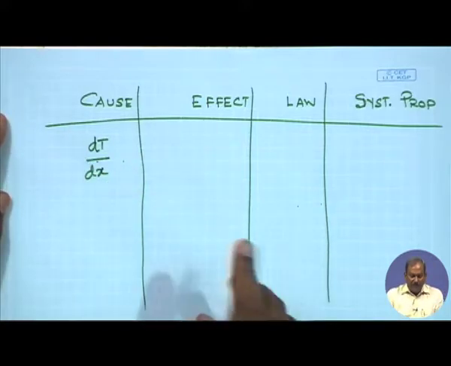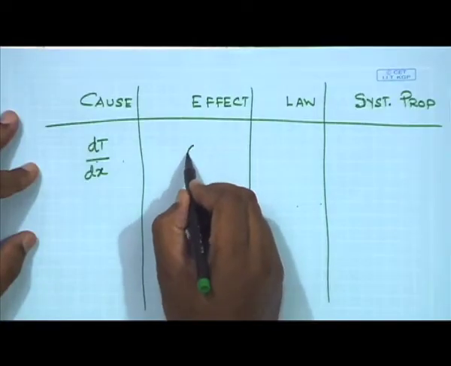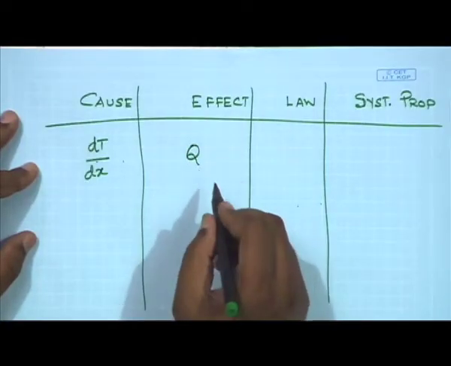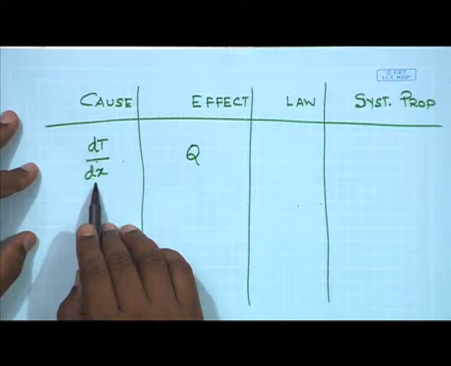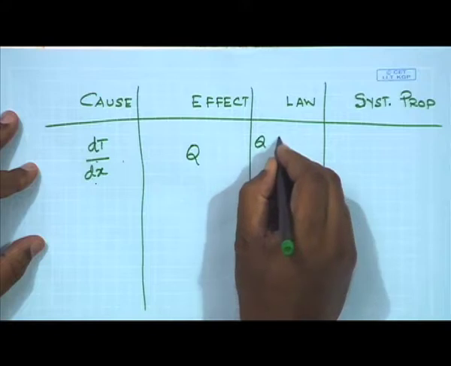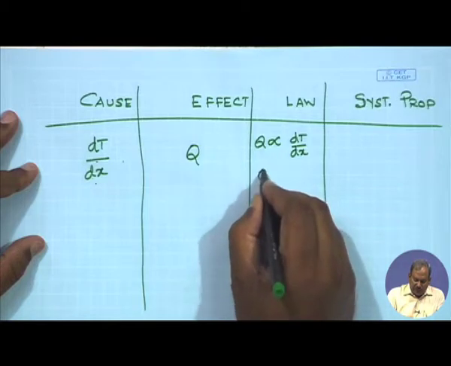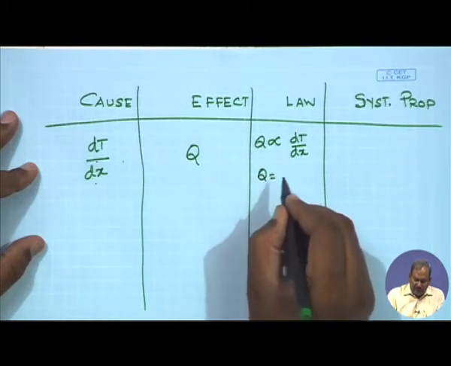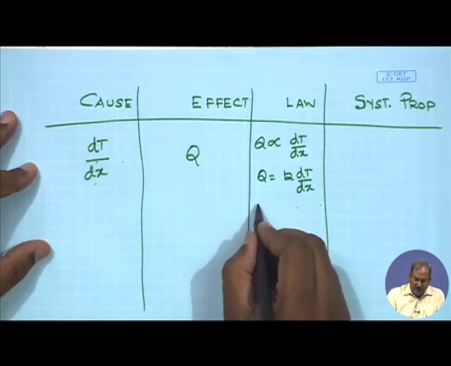Let us say I have a one dimensional case in which the temperature varies only with x, not with y or z. As a result of this temperature gradient, there would be some sort of heat transfer, a heat flux between 2 points where there exists a temperature difference, and the law that relates q as proportional to dT/dx gives the flux, q equals k times dT/dx, where this k is a constant.